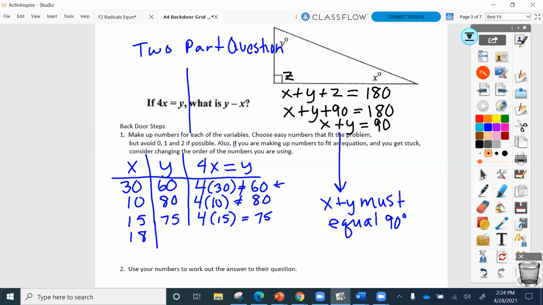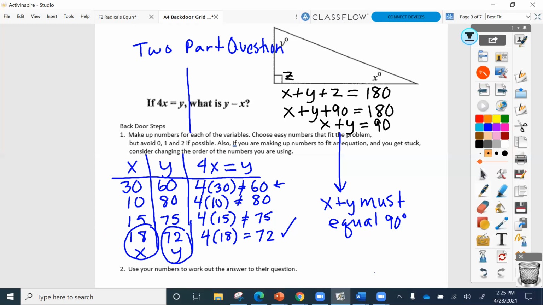So if one angle is 18, the other angle would have to be 72 in order to add up to 90. So let's see, is 4 times 18 equal to 72? And it is. So what we know is that our x is 18 and our y is 72. That's what will fit the problem.